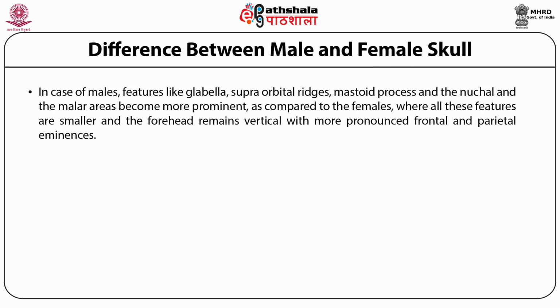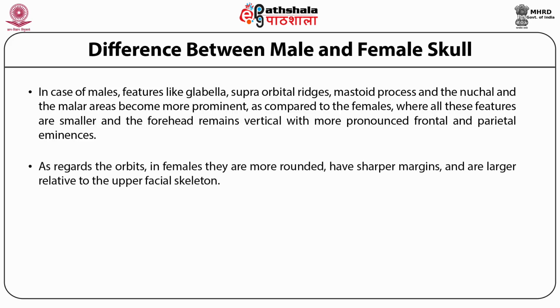In males, features like glabella, supraorbital ridges, mastoid process, and the malar areas become more prominent as compared to the females, where all these features are smaller and the forehead remains vertical with more pronounced frontal and parietal eminences.